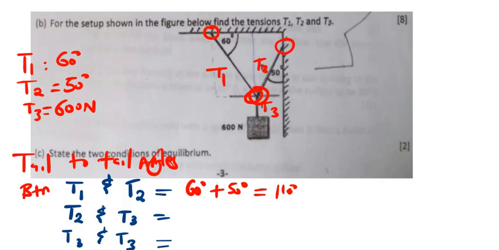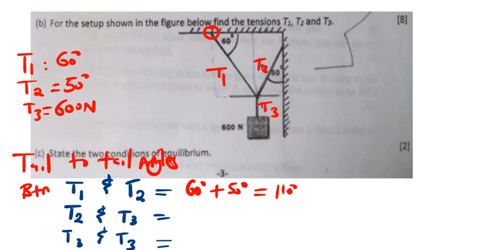Now the tail of T2, this is the head of T3. Okay, T2 is trying to hold in that direction. T3 is trying to push in the other direction, because it has a force there of 600 newtons. It has a weight. So basically these ones are subtracting each other.